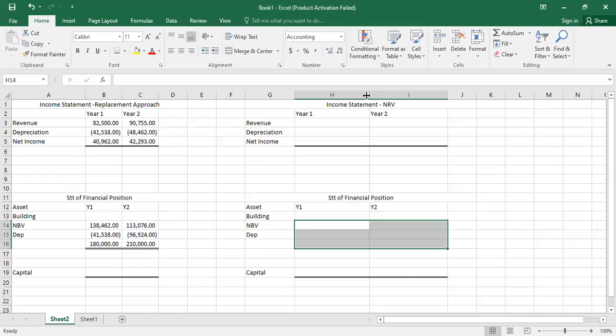So we've been given the value of the building. Can put it here, 135 and 120.